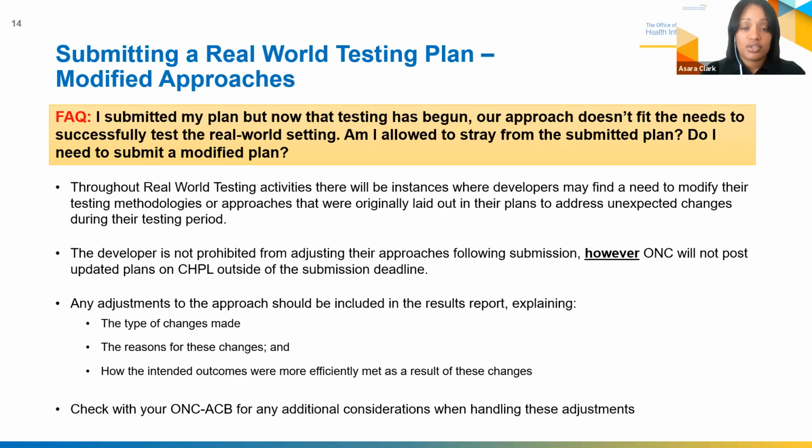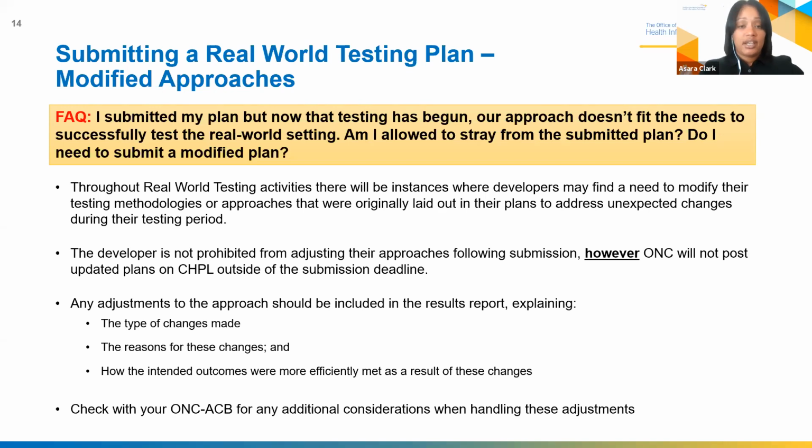If you're modifying your approaches, you may want to let your ACB know, or you may want to just give them a heads up that when you're submitting your results reports from real world testing, that you have some modified approaches in there. And when making adjustments to your approach, your results should reflect the type of changes that were made, the reasons for these changes, and how the intended outcomes were more efficiently met as a result of these changes.